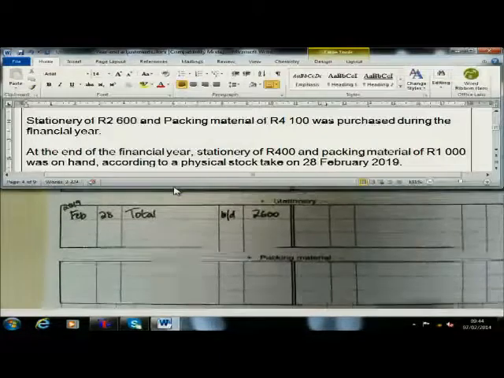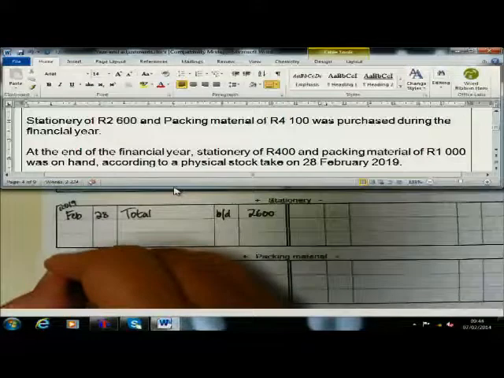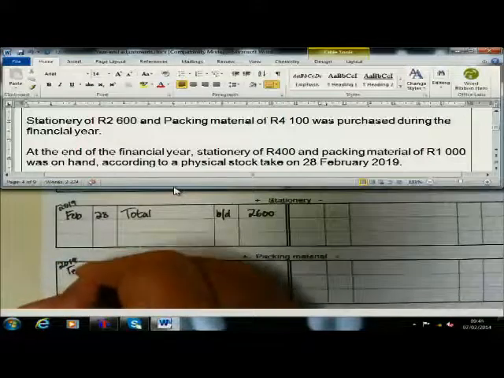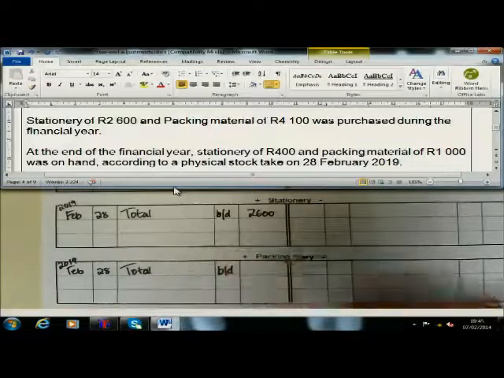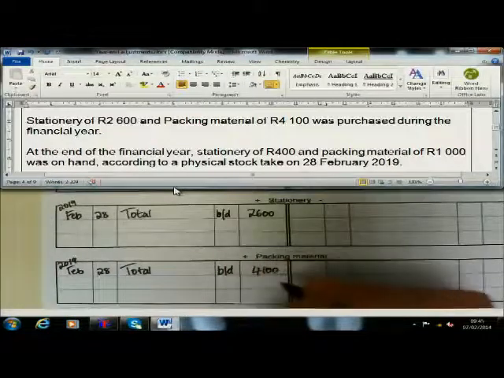And packing material, 2019, February 28, total brought down, gives us 4,100.